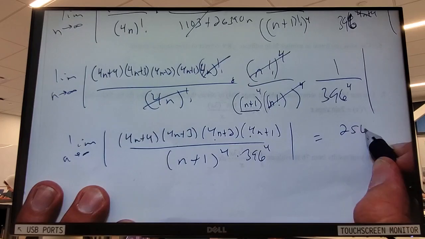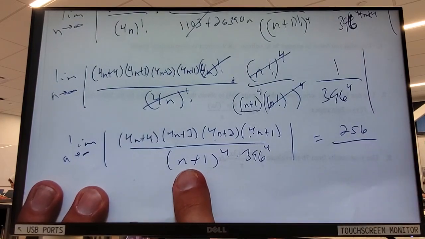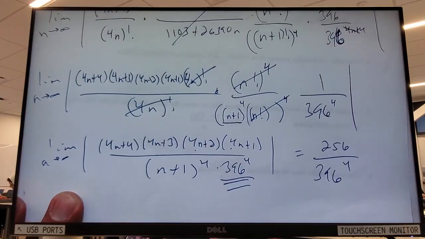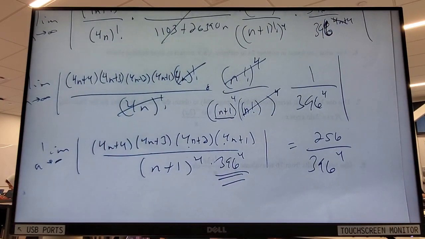What would the coefficient of the n to the fourth be on the bottom? 396 to the fourth. Doesn't matter what that number is. What matters is that number is less than 1. Because what test are we applying? The ratio test. So whatever answer I get, if I want it to converge, it's going to be less than 1. And they told me it converges. They just wanted me to verify it.